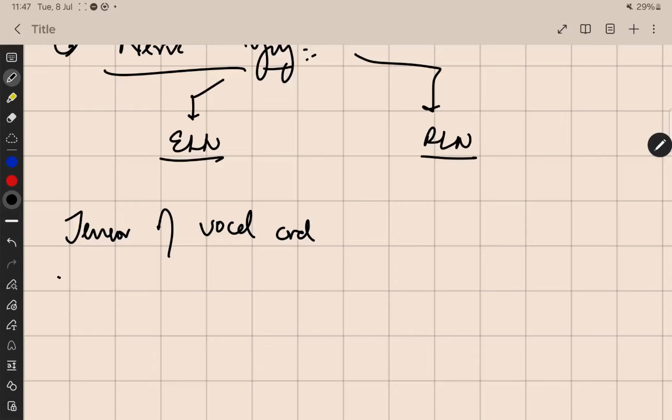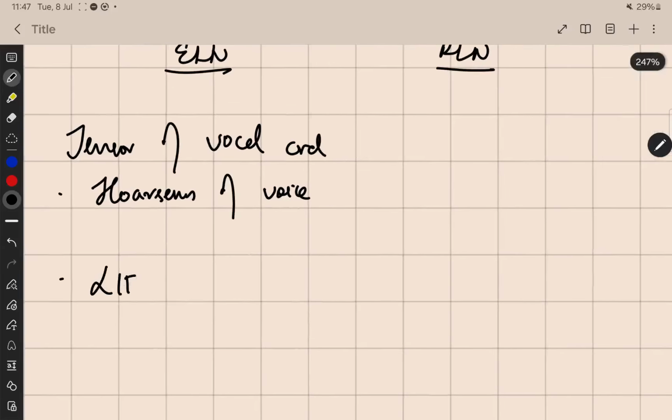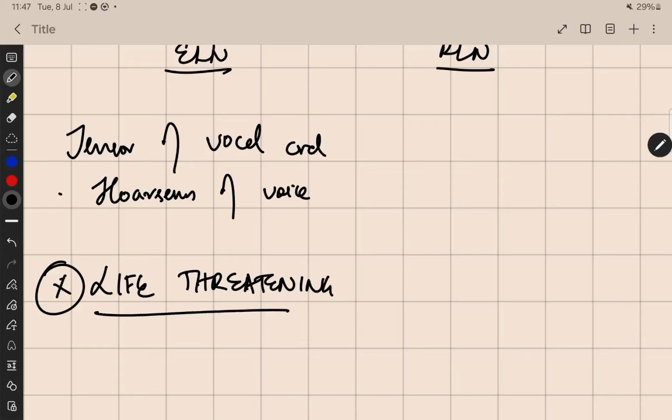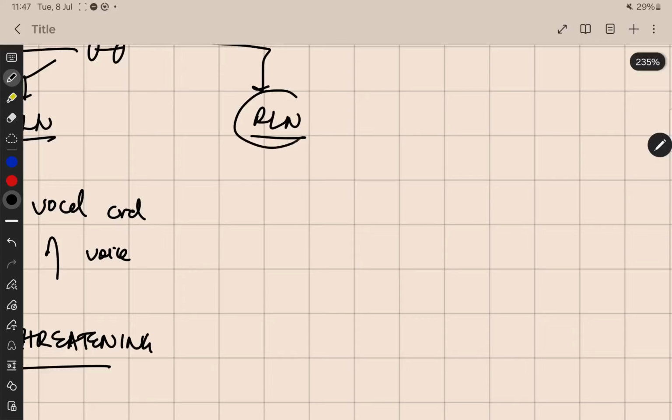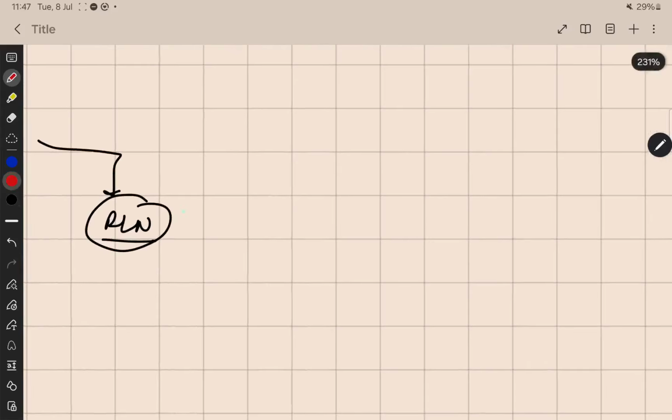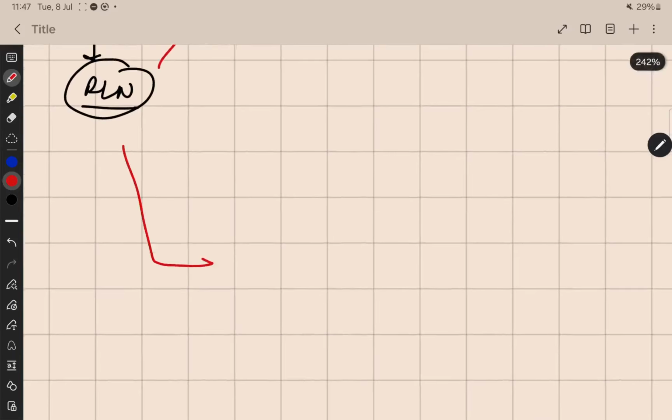So if there is damage to the external laryngeal nerve, it can lead to hoarseness of voice, as the patient is not able to produce high pitched sound. It is not a life-threatening complication. This will be just a change in voice. While in case of recurrent laryngeal nerve, it can be further divided into unilateral damage and bilateral damage.